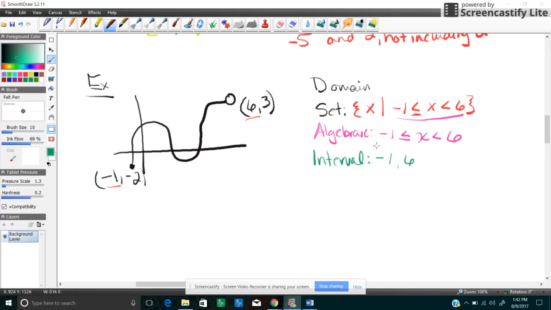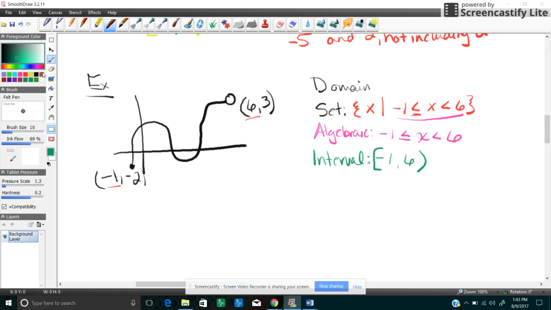Closed circle again means we have a bracket, and open circle means we have a parenthesis. And that's it. Okay. Some verbal description I could use for this would be something like x values are between -1 and 6, but less than 6. Something like that. Something that implies that we're not including 6 in the domain.